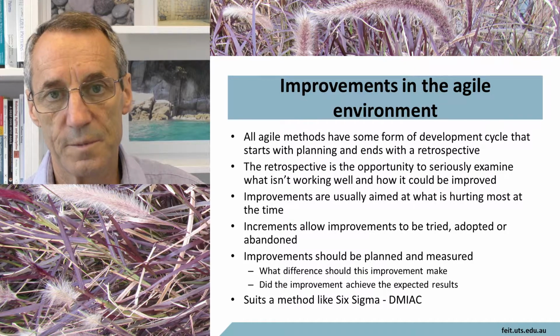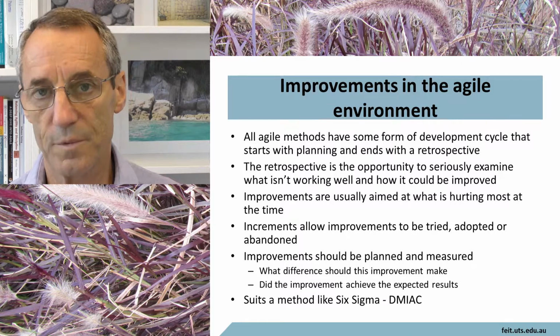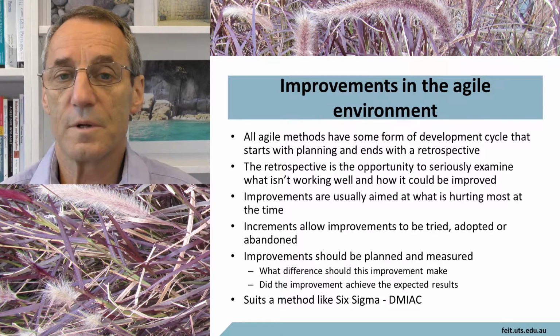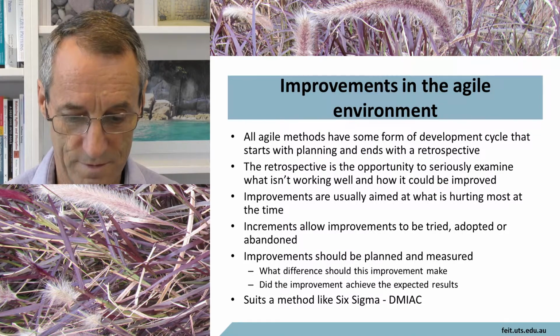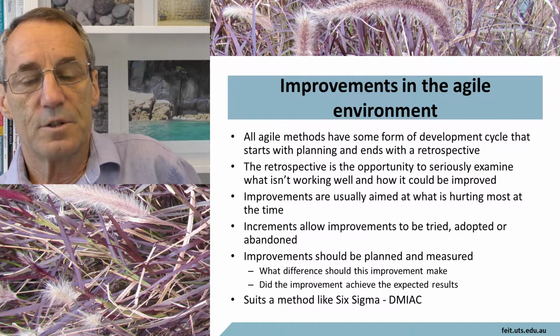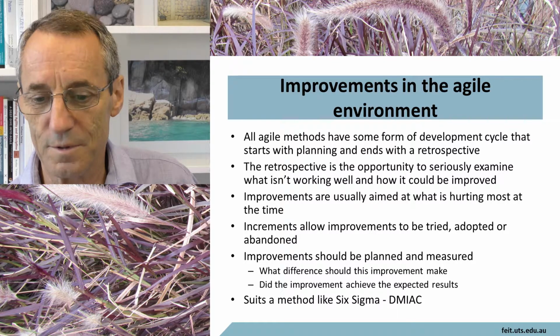Now, increments, that is incremental development, allow improvements to be tried, adopted, or abandoned, which is important. You can try to improve something, and if it doesn't work, then get rid of it. The improvements should be planned and measured. They shouldn't just be put in because somebody thinks it's a good idea and they're absolutely desperate to do something.